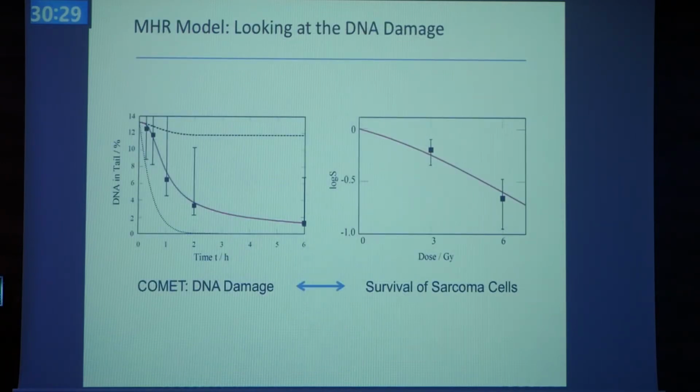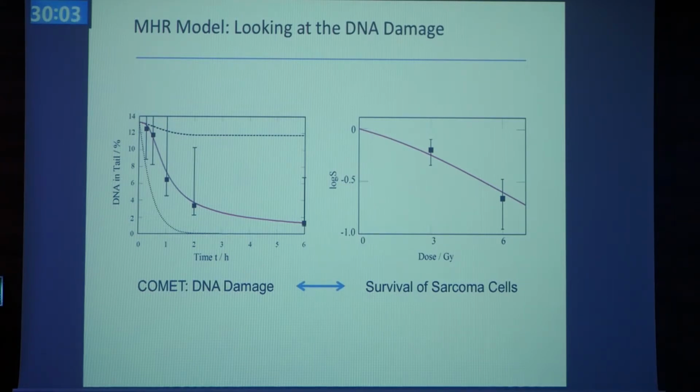We started to look at the comet assay, and not only at survival. In a comet assay, you can determine the DNA in the comet tail, which is proportional to the DNA damage that we actually have in the cell. When we irradiate and heat and wait a certain time, we can observe in a comet assay how the DNA fragments are disappearing.